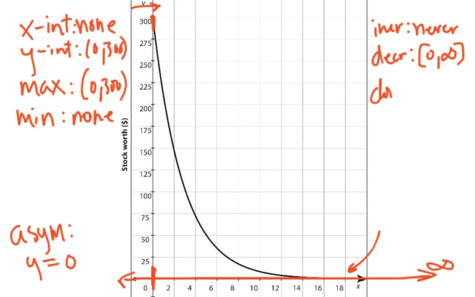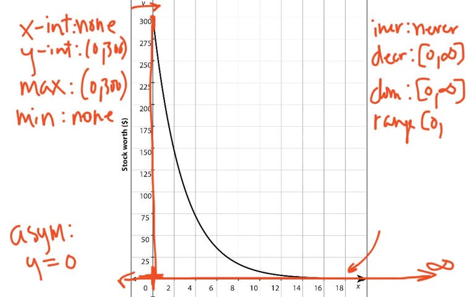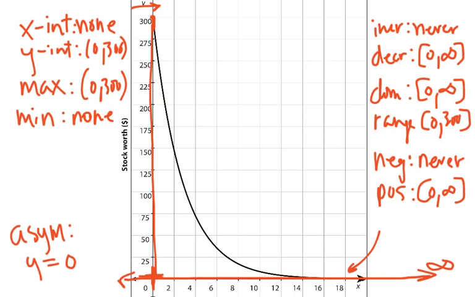So our domain is going to be from 0 to infinity as well. Our range, however, never quite gets to 0, but we'll use it as a boundary, and it goes up to 300. Now this is never negative, so it's always positive, which means our positive is the same as our domain, and decreasing. And there we go for that one.